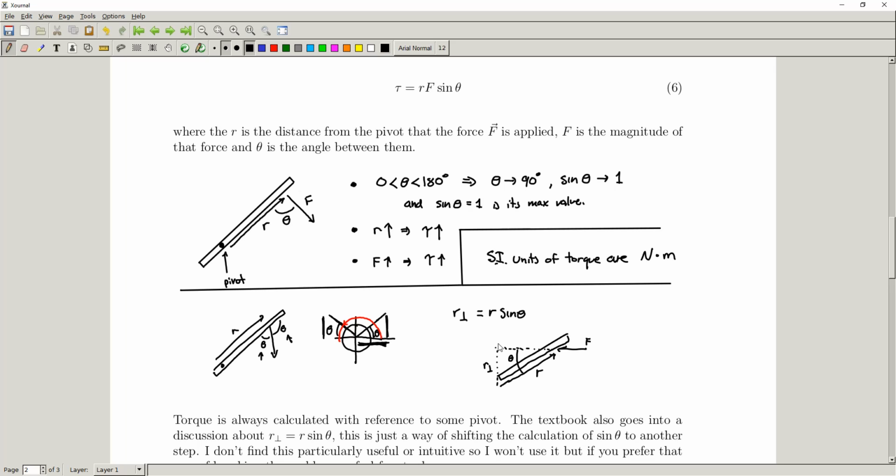I find that easier. Maybe a quick note here: if you're given this angle that I have in this drawing, how do you know what the angle between R and F is? Well, you can always think of this as being a line and this as being a line, right?